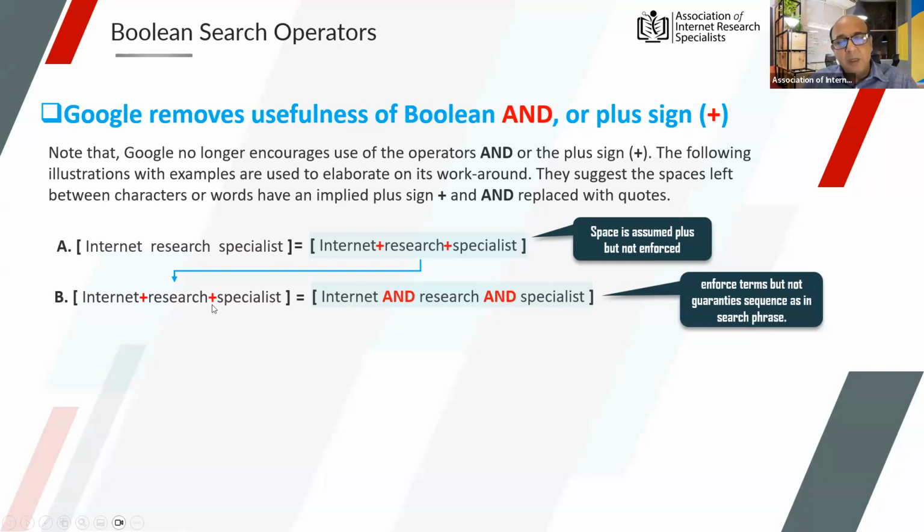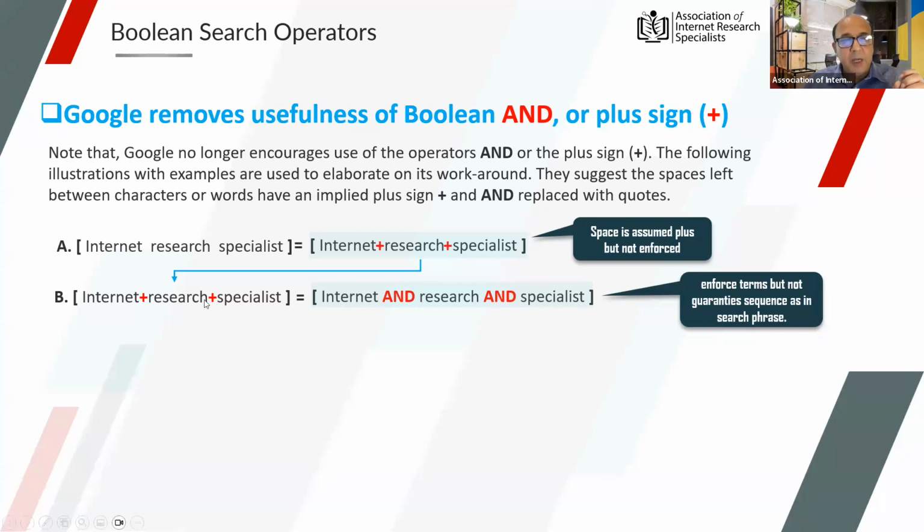So now the property of plus is no longer assumed to be priority, but rather has become a mandatory result to keep all three words intact and present in your search results. Now, whenever we use AND, it is only emphasizing to have all three words present, but not necessarily in the same order. It just means that the words internet and research and specialist have the property as if each of these is within quotation marks.